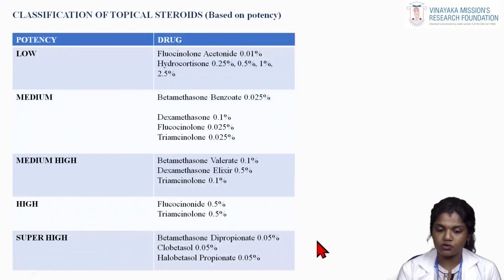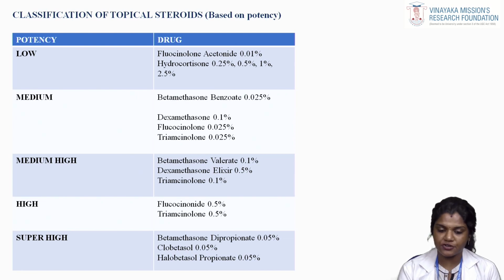This is the classification of topical steroids, and the topical steroids are classified based on their potency as low potent, medium, medium high potent and super high potent drugs. Under low potency, we have fluocinolone acetonide in the percentage of 0.01, hydrocortisone available in the percentages of 0.25, 0.5, 1 and 2.5.